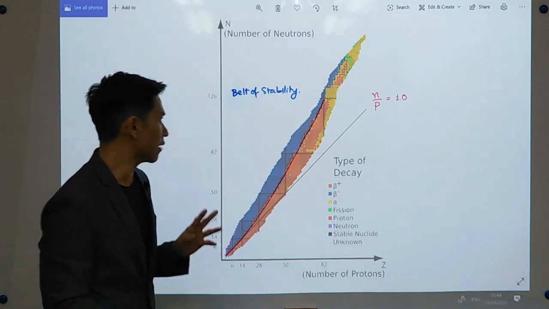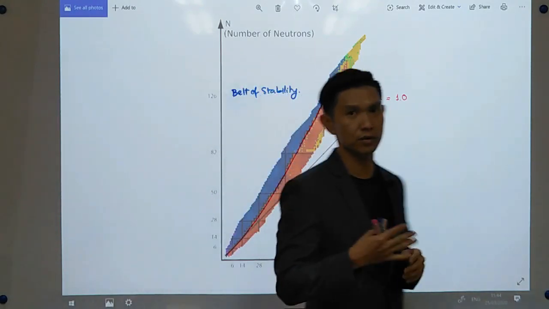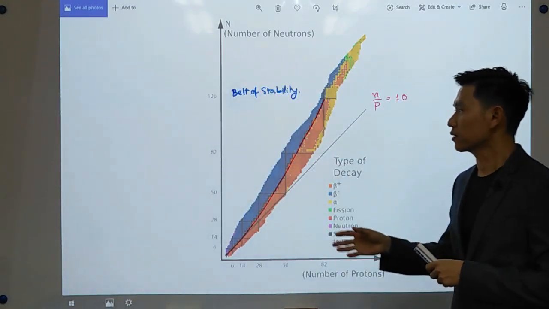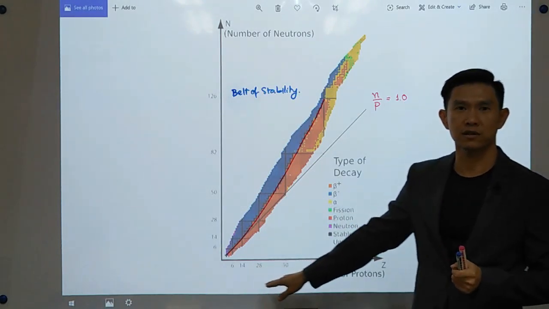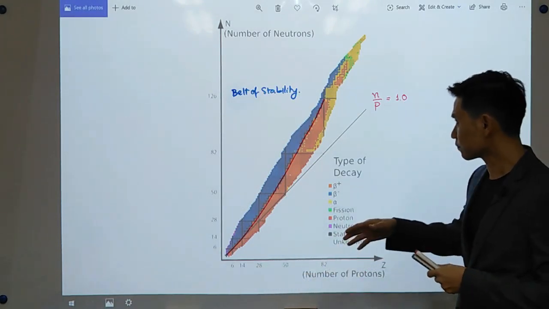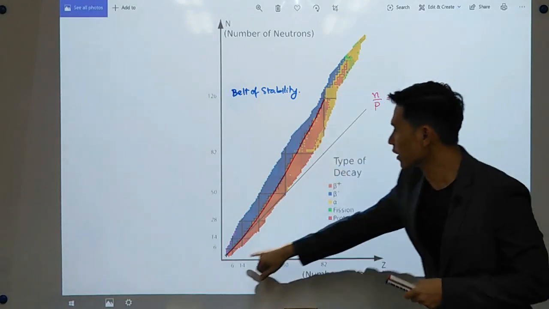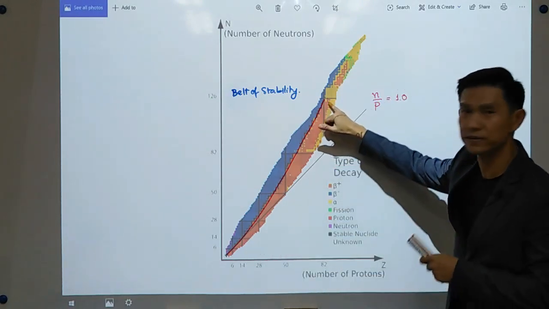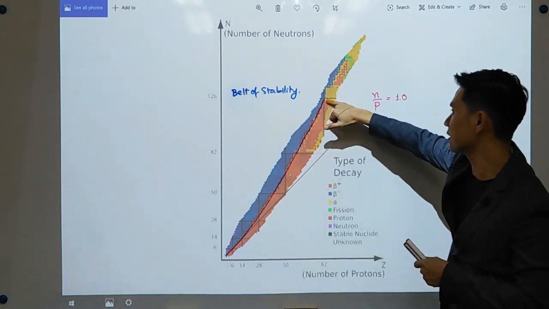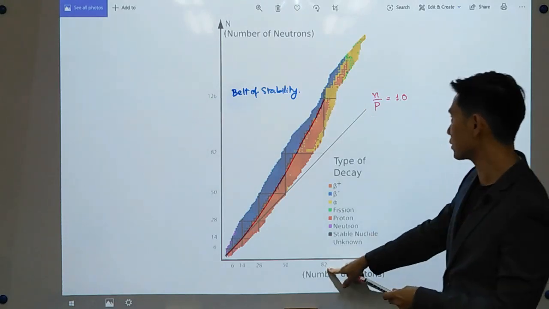Okay. One thing that I have to show you here is, as you know, the element contains protons, no? And if you look at the belt of stability, it is limited here at number 82.